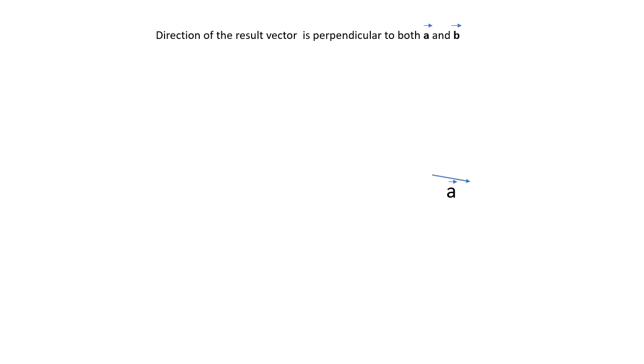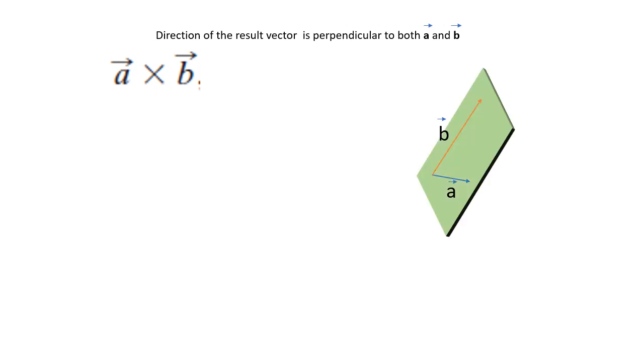For example, here you have A, B. Imagine that A and B are lying on a plane and you are taking A cross B. So when you take A cross B, first you put your right hand fingers in the direction of A, rotate it to B, and your thumb is pointing in the direction of this green arrow.